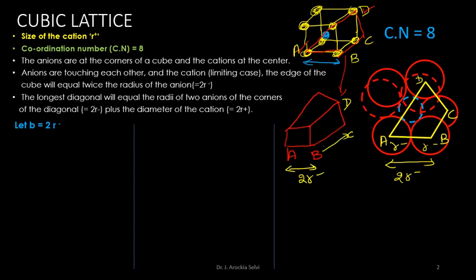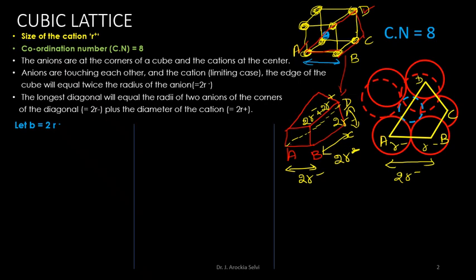Similarly here also two anions touching is 2r minus, and here also it will be 2r minus. The diagonal which passes through the cation and touches the edges, so here is that cation. So the diagonal distance is 2r minus plus the diameter of the cation, 2r minus plus 2r plus.